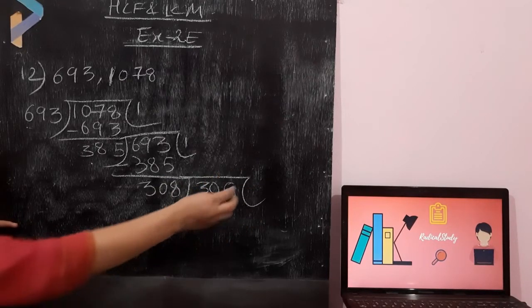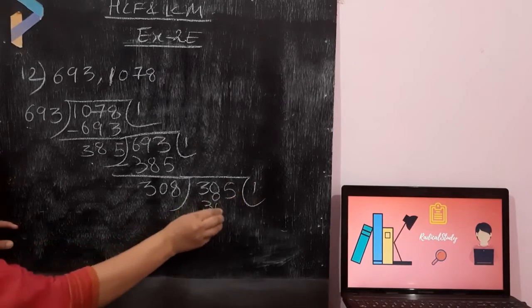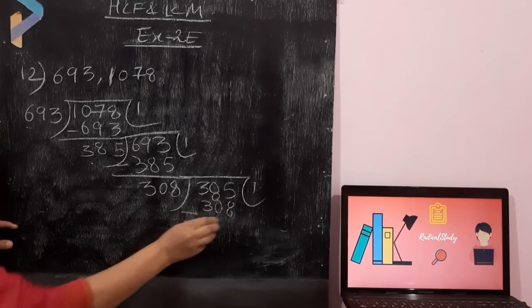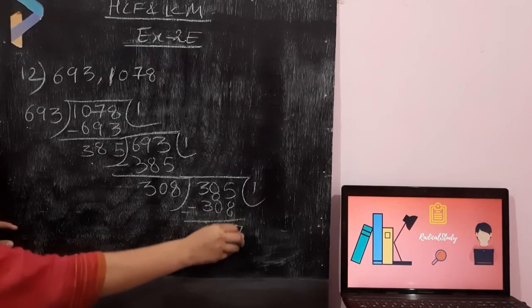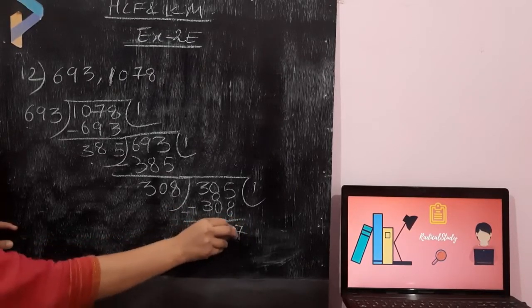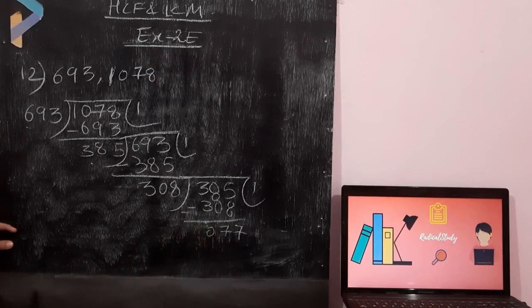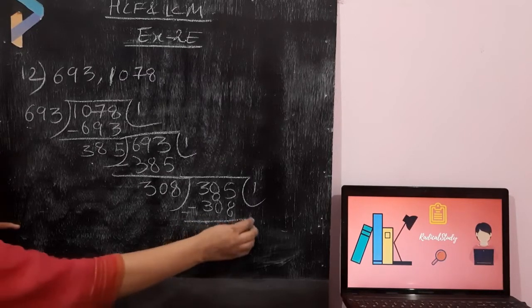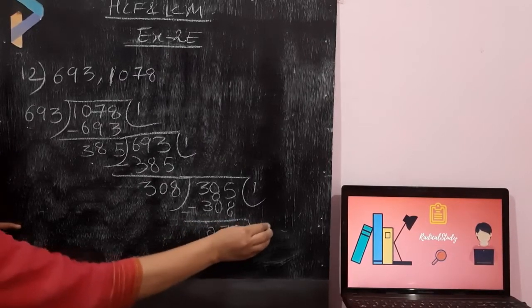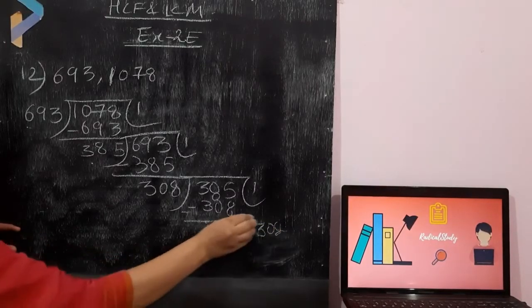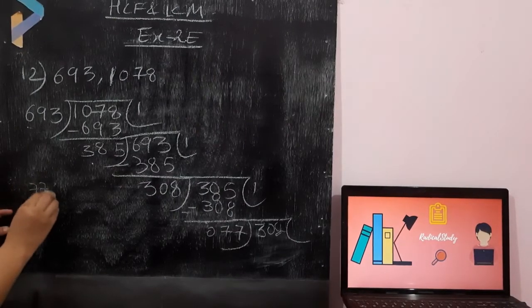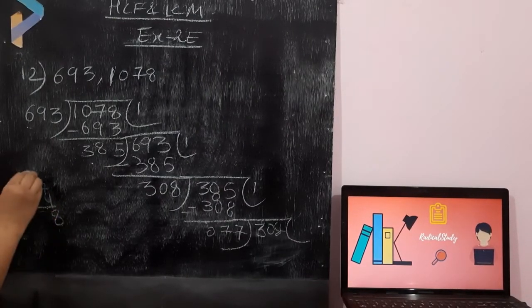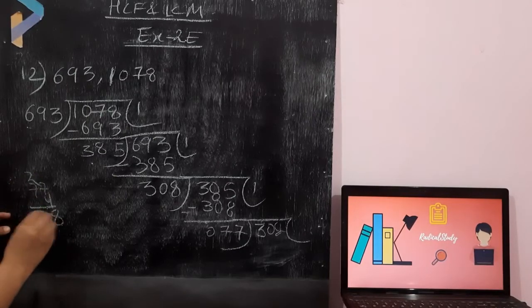Now 308 ones are 308. What did we get over here? I am going to subtract it. 15 minus 8 is 7, 7 minus 0 is 7, 3 minus 3 is 0. Now 77 will become the divisor and 308 will become the dividend. In the table of 77, let me check: 77 fours are 308, right?